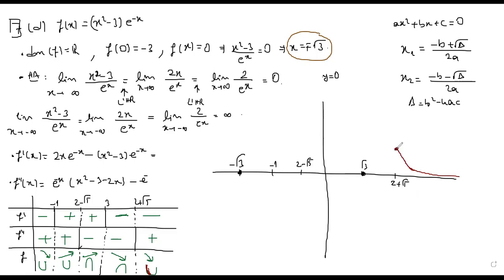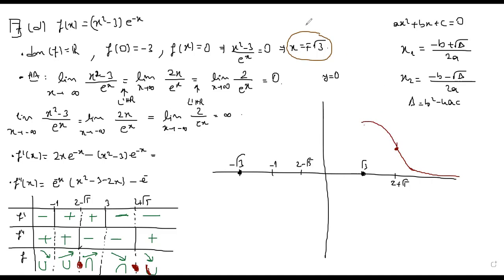Okay, here it changed. These are the inflection points, right? Remember this and this. These are the inflection points, so it will change its concavity there. Then it means it should be like this. Downward, right?